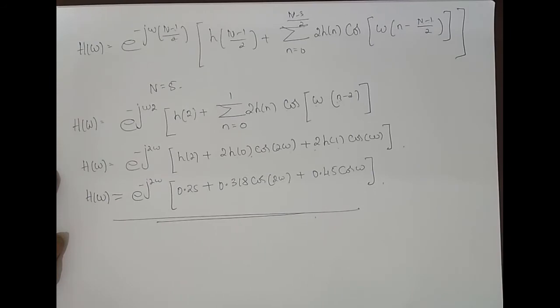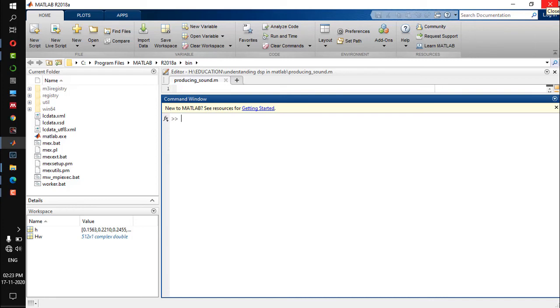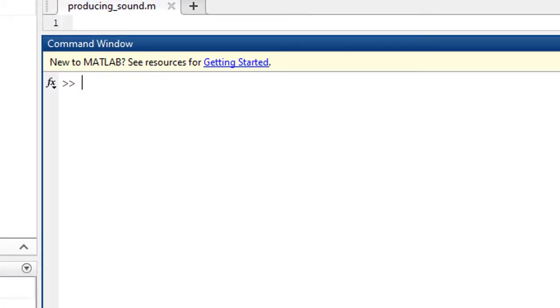Okay, so this is about designing a fifth order FIR filter using rectangular window. We shall try to verify our design, what we did theoretically, in MATLAB. The command here is, h is a variable which I am taking.